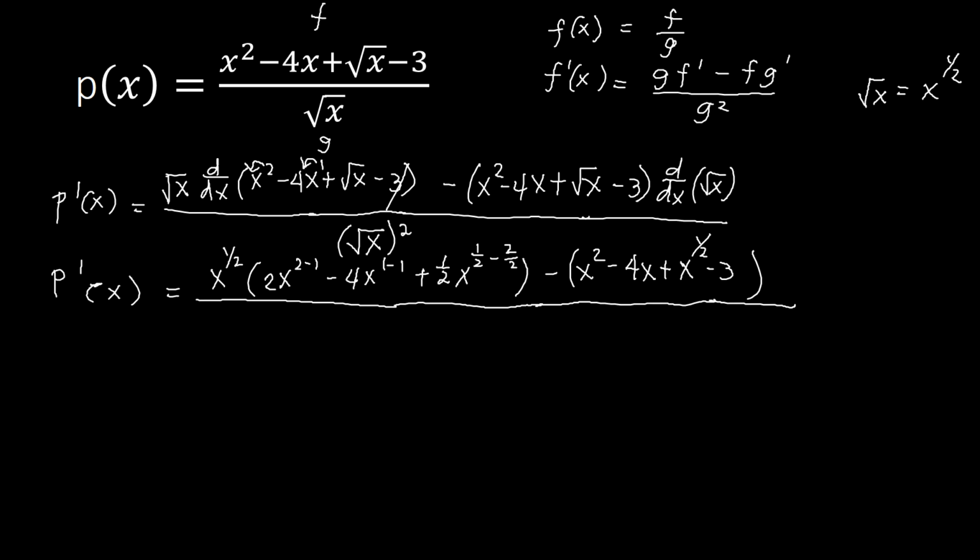Since square root of x is x to the power of 1/2, we move that down. So this is with 1/2, and then x to the power of 1/2 minus 1, so this is minus 2 over 2. And then square root of x to the power of 2 will be canceling that. So we've got only an x here.